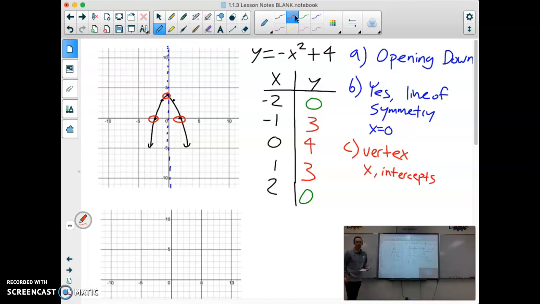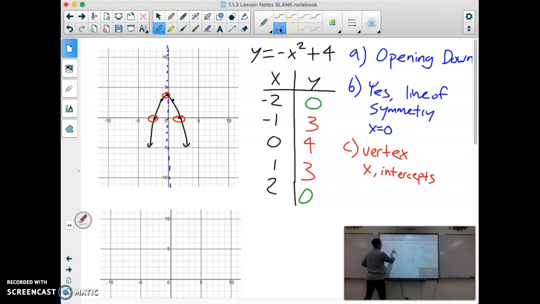And the nice thing about this graph is that our vertex is actually serving as another special point on our graph. It is also where our graph crosses the y-axis. So we want our y-intercept as well.